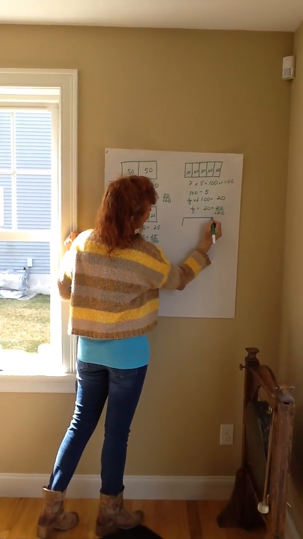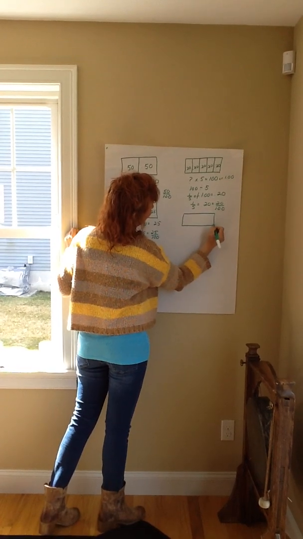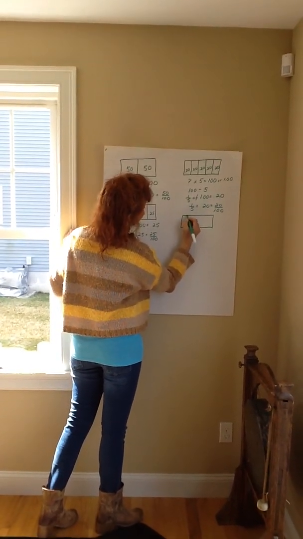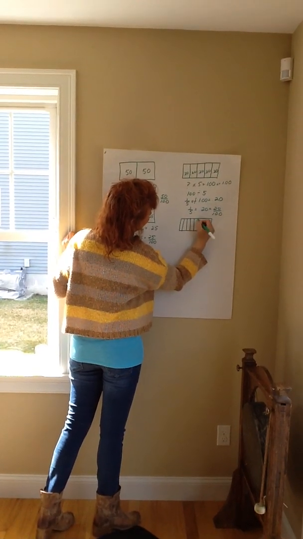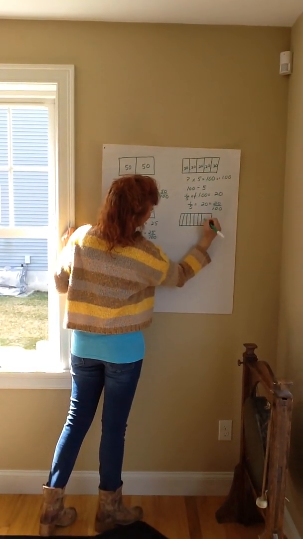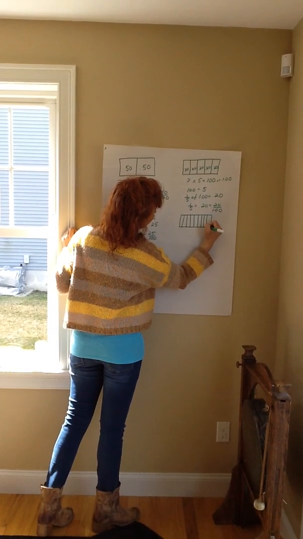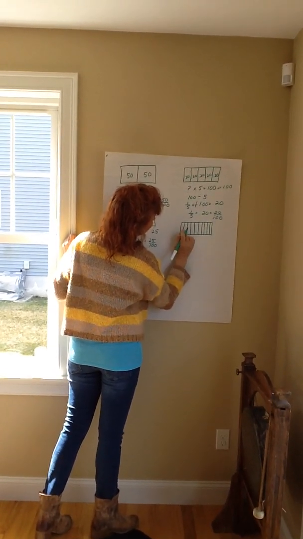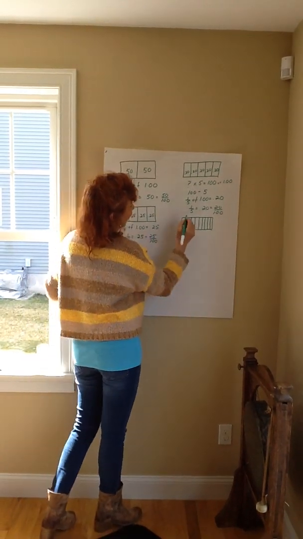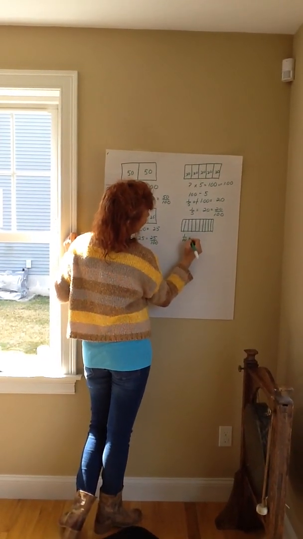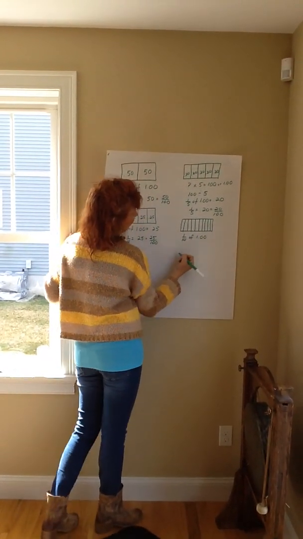Okay, I believe the other one that we did was a tenth. We could figure out a tenth. We could divide the whole into 10 equal pieces. Okay, my pieces are supposed to be equal there. And we're doing 1/10 of a dollar, okay?